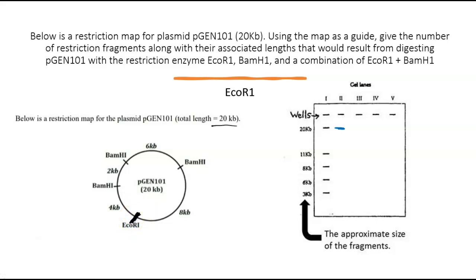What's going to result is a linear piece of DNA, but it is going to be the same length. It's still going to be 20 kilobase pairs. So if you load it onto the gel here and apply an electric field to it, you're going to see a band forming right here at 20 kilobase pairs. That's what's going to happen.